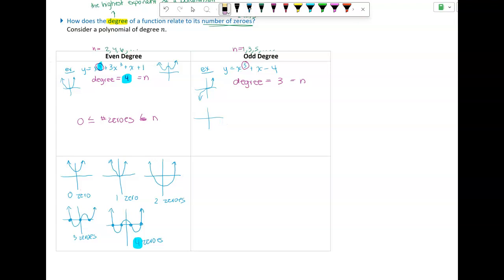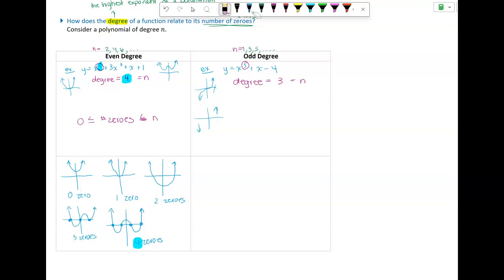So if that is always the case for odd degrees, because of what we see with a cubic function, one of the smaller types of degrees, you're always going to have to hit the x-axis at least once. There's no way for this type of curvature to never hit it. If I shift this down, it's still going to eventually hit the x-axis here.